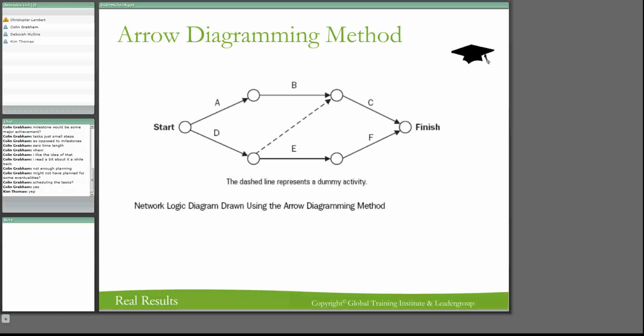And this is the one that it is. Because the only way that you can actually show a dependency on this diagramming is with a dummy task. All right, does that make sense? Yeah. Okay, so you'll see the dotted line there. It has a dummy task.